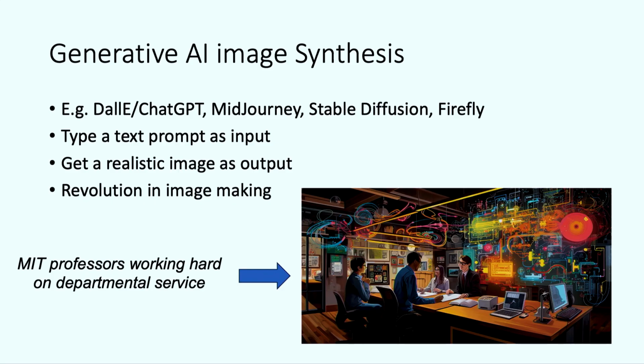And this is really an enormous revolution in the way we deal with images. In my opinion, we haven't had anything that big since the invention of photography. Essentially, this is really a new way for humans to create images, and this is completely revolutionizing the field of computer graphics.